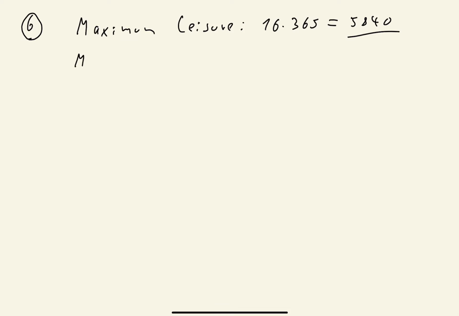On the other hand, if we do not enjoy any leisure at all, but we work, we can consume at most 5,840 hours times the wage that we're getting, which is 5, which is then 29,200.